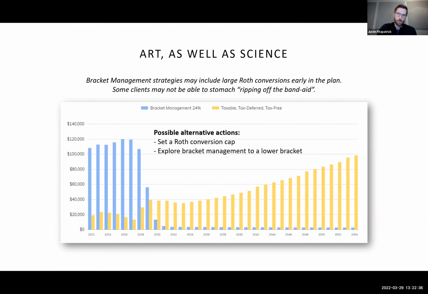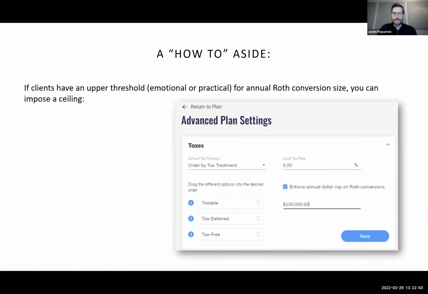You can also set a Roth conversion cap. So maybe you've discovered that there's an appetite for Roth conversions that at some point is exhausted. And maybe this household is only willing to do $100,000 a year. You can set that cap by going to the advanced settings of the plan and putting it, you see down here, enforce annual dollar cap on Roth conversions. Set that amount. That's an inflation adjusted amount.